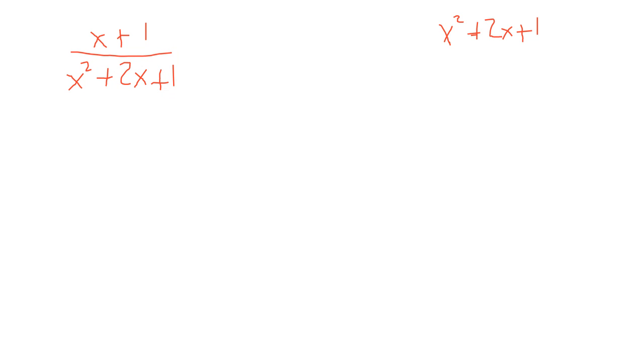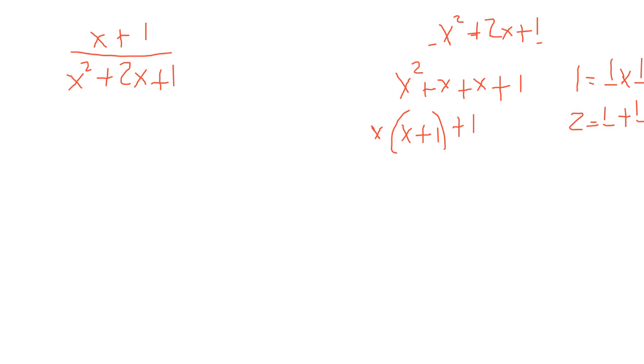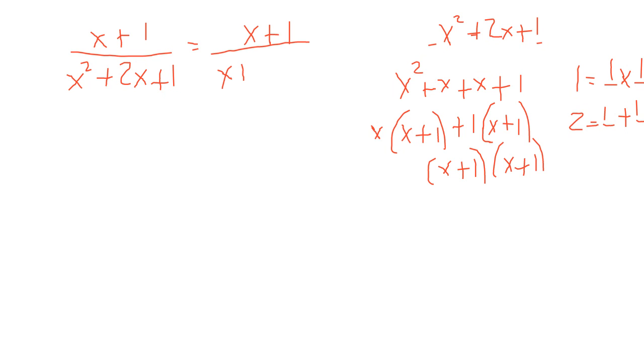To factorize x squared plus 2x plus 1, we know that 1 times 1 gives 1. So we need two numbers that multiply to give 1 and add to give 2. This is 1, 1. 1 times 1 is 1, 1 plus 1 is 2. So this gives us x squared plus x plus x plus 1. So x out, x plus 1, plus 1 out, x plus 1. So x plus 1, x plus 1. So this gives us x plus 1 over x plus 1, x plus 1.